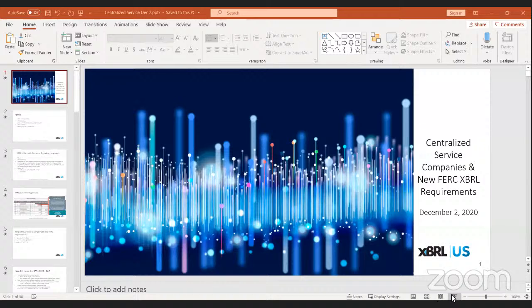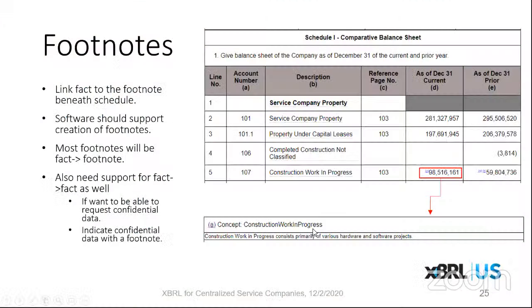Just while Michelle's doing that, in terms of footnotes, the XBRL filing also supports the ability to put footnotes on your presentation. As I showed you before, any fact can have a footnote associated with it.